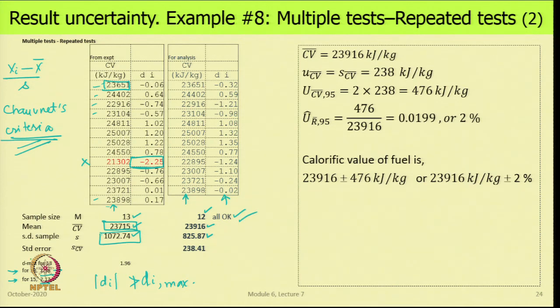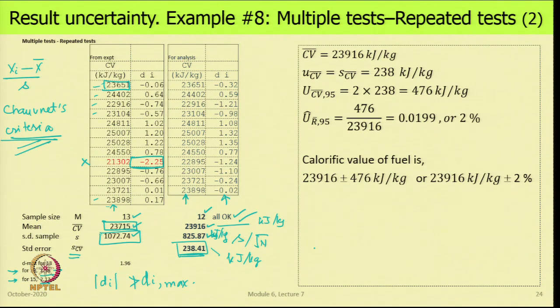Then we calculate our sample standard error, which is s by square root n, which is 825.87 divided by square root 12, which is this, with units kilojoules per kg. So, that is our standard error, the standard uncertainty.